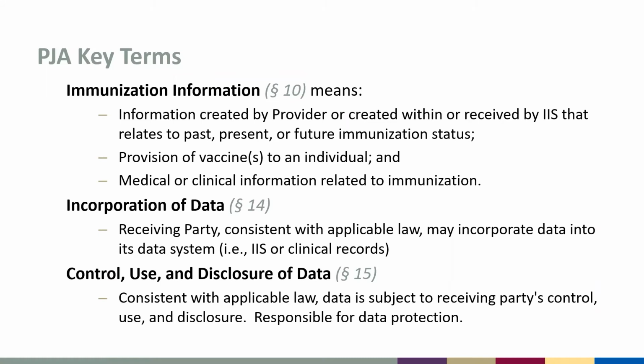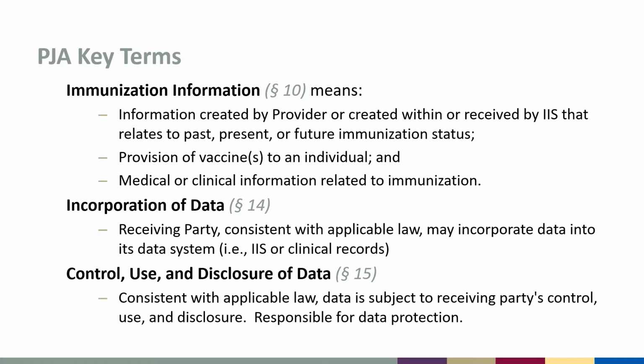So, other key terms. Immunization information is defined here as information created by those providers, or created within or received by an IIS, that relates to past, present, or future immunization status. It also includes the provision of vaccines to an individual, and the definition includes medical or clinical information related to immunization.